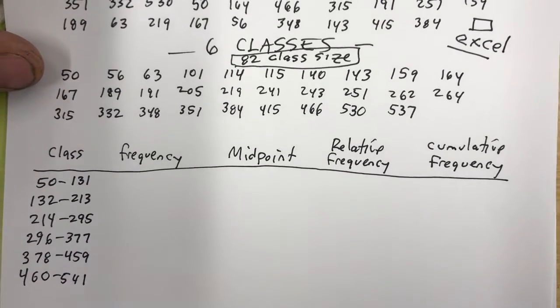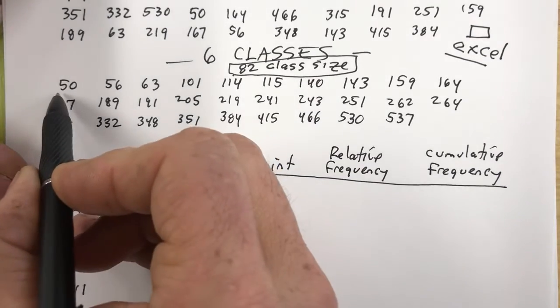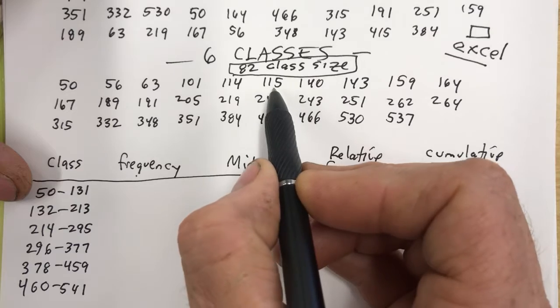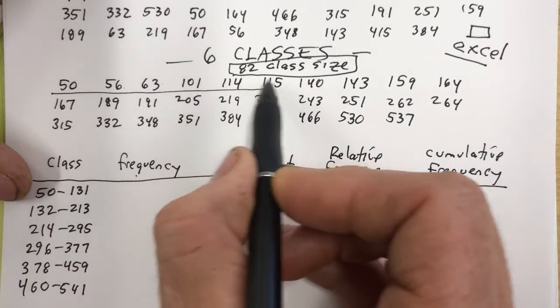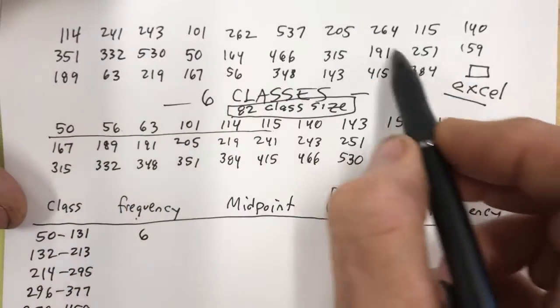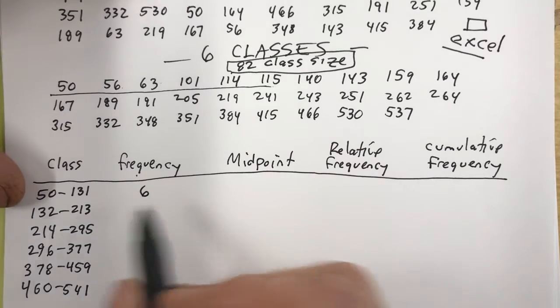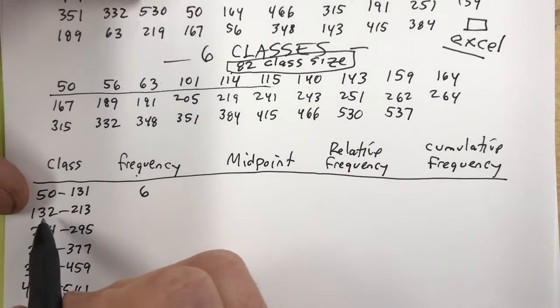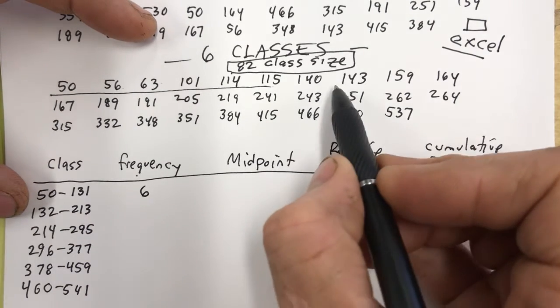Okay, so now my frequency. Well, 50 to 131 would have all these numbers right there. 1, 2, 3, 4, 5, 6. There's 6 of those. Much easier than hunting and pecking through here and finding them all. I can go ahead and do all the frequencies. 132 to 213.